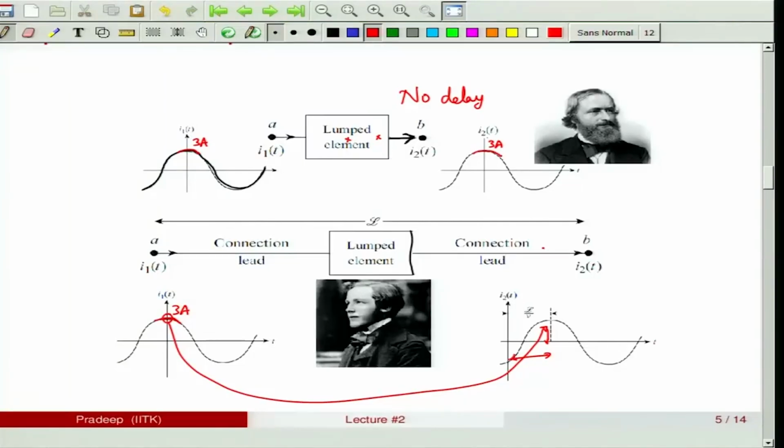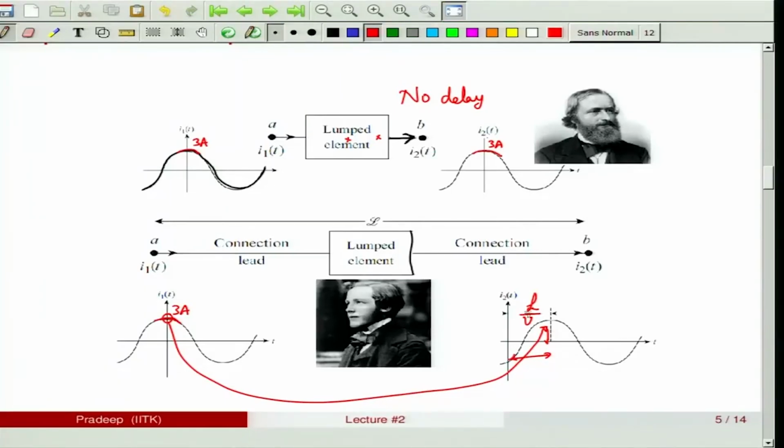This delay is given by approximately L by V, where L is the length of the connection leads. We assume that the lumped element itself is of 0 length, whereas the connection leads together have a length L. Then the delay that you would see at the output of this lumped element, which is connected through these long connecting leads, is given by L by V. This is a delay which you cannot explain away by resorting to lumped circuit theory, because lumped circuit elements do not consider this kind of delay.